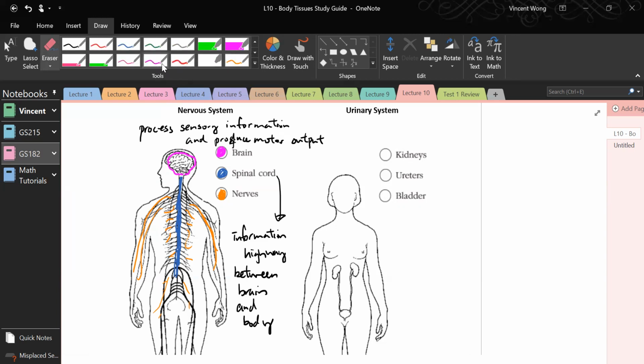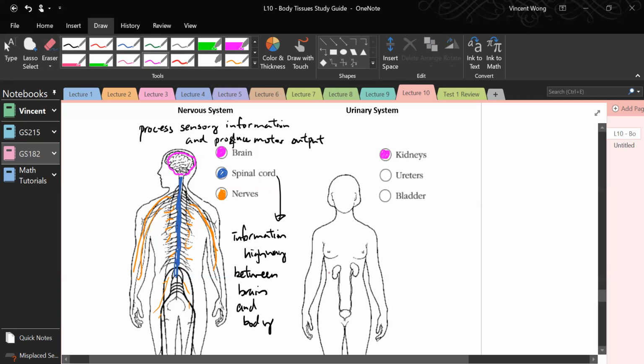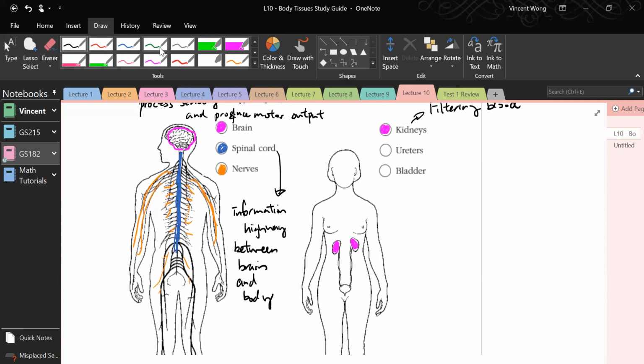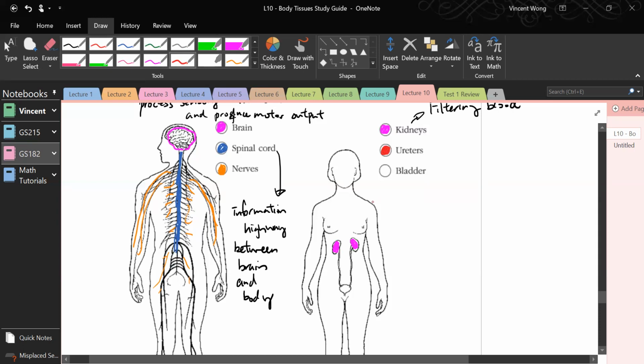Okay, next, kidneys. You have 2 kidneys. The kidney is important for filtering blood. You have about 1.2 liters of blood going through the kidneys every minute, and then you filter it, which in turn produces urine. These are the ureters.